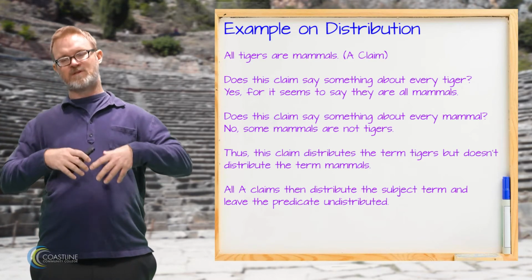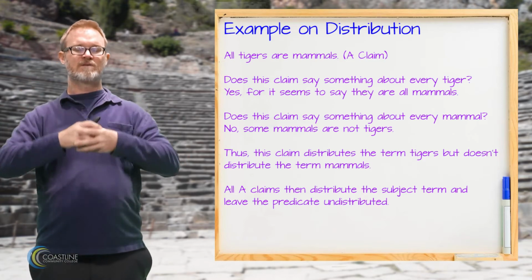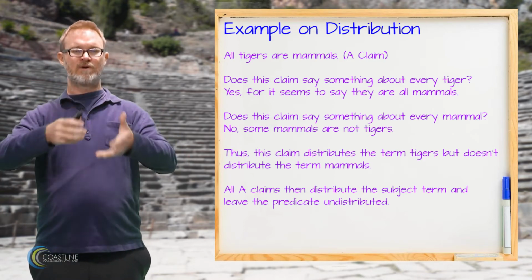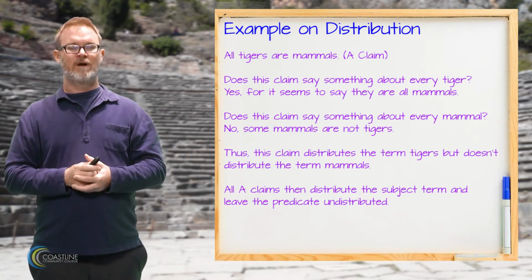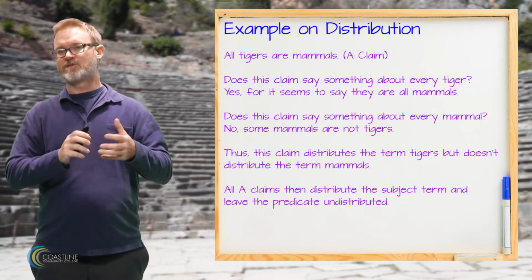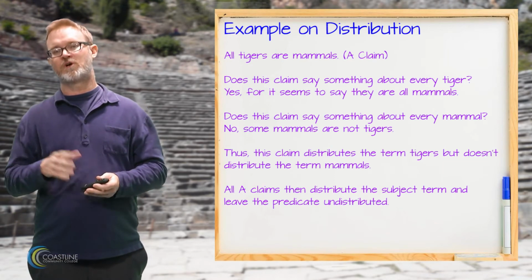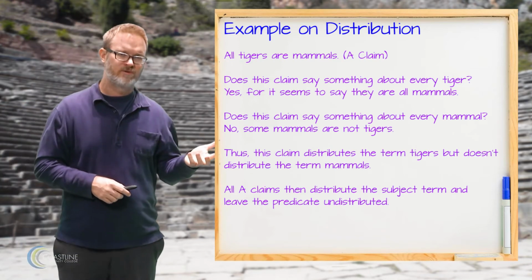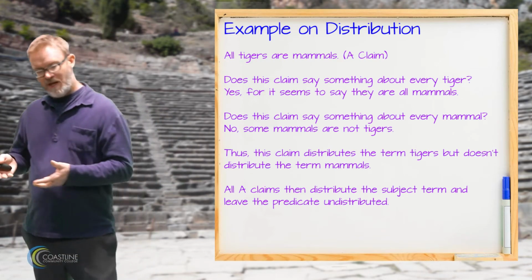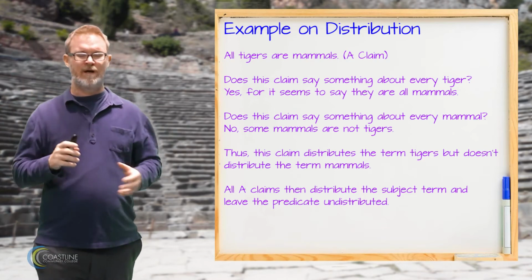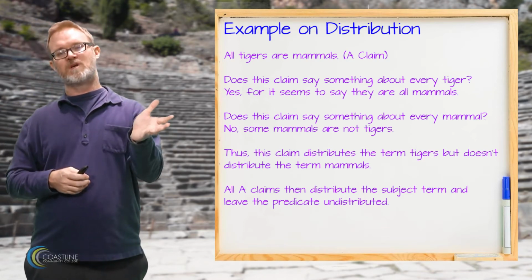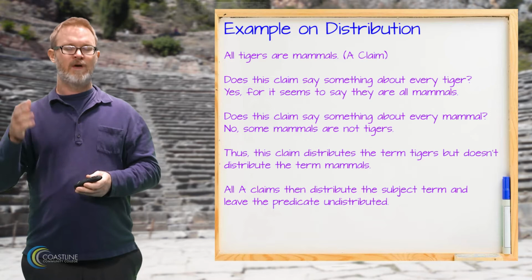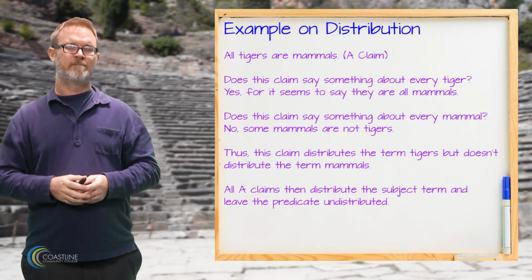So the claim doesn't say something about every single mammal. And so the A claim, all tigers are mammals, does not distribute the term mammals. It only distributes the term tigers. And actually, A claims more generally are always going to distribute the subject term and not distribute the predicate term, right?